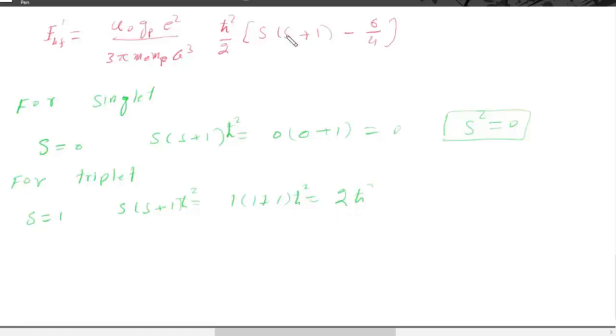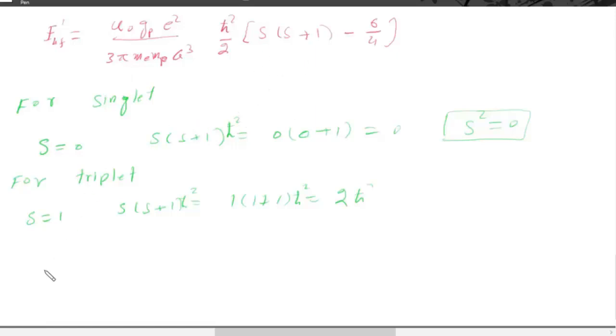Then we can write for these states, there are two possibilities, the singlet state and the triplet state. The total spin can be either the singlet or the triplet state.